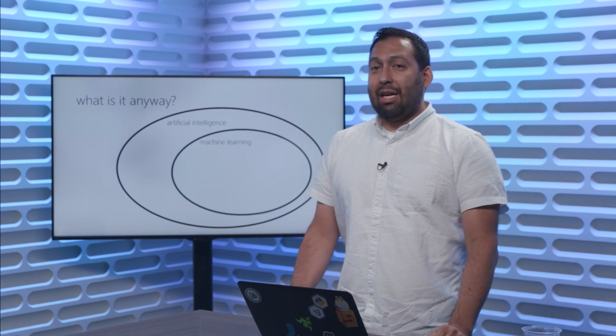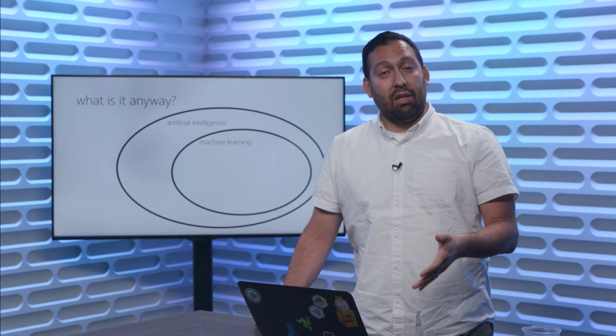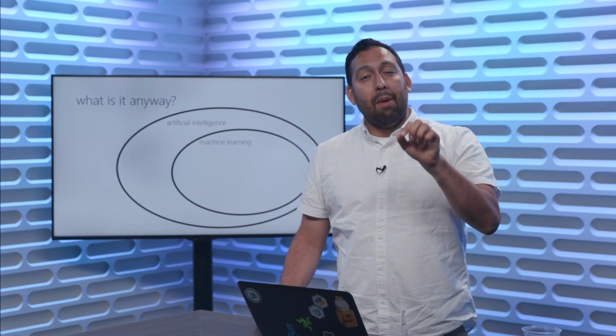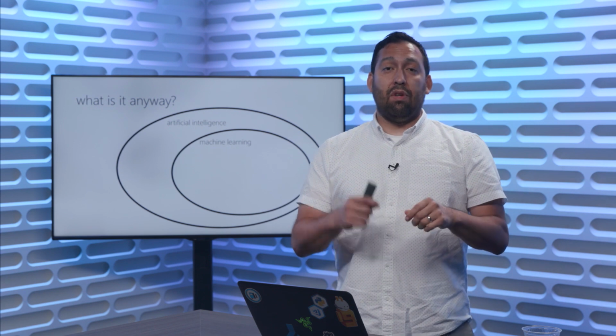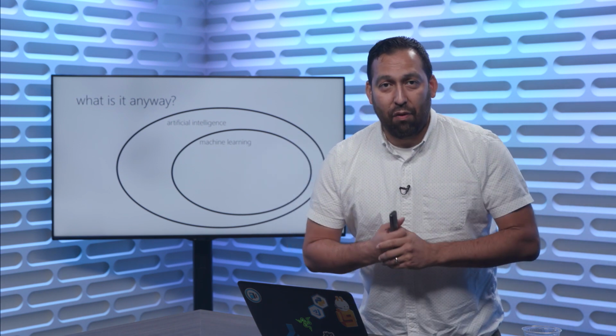So when we're talking about machine learning, that is a subset of what's inside of AI, and that's an important distinction because there are algorithms that live in AI but that are not machine learning. A good example of a machine learning algorithm is something like a decision tree. You've probably seen a decision tree, but imagine now that the computer, instead of you creating a decision tree with if and else statements, figures it out for you.